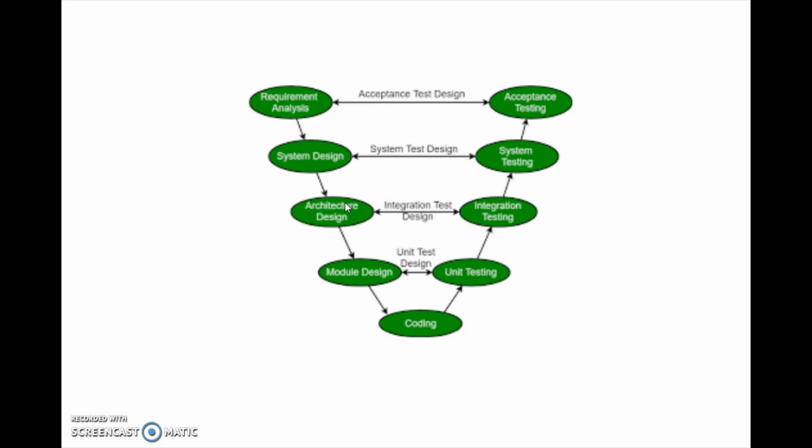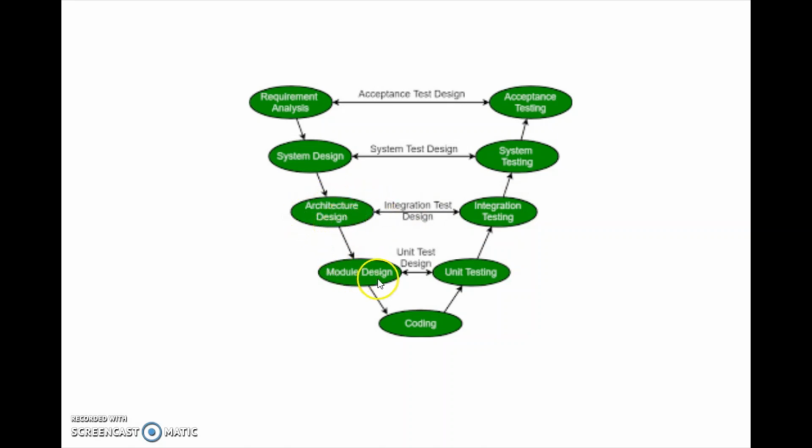So that design document is going to act as an input to this integration testing. So we are going to check whether the individual modules are working according to the design document that we have created in the architecture design phase.